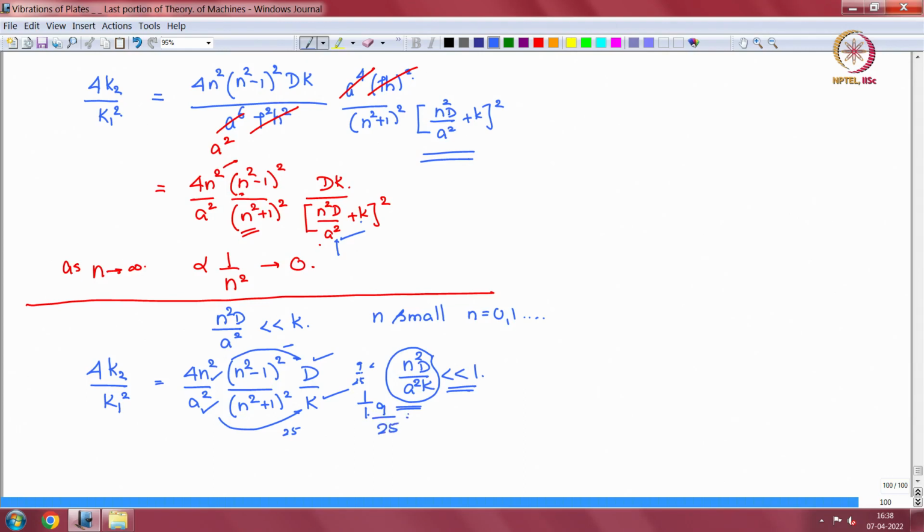So this value multiplied by a small value here is a further small value. So I can take this to be an epsilon quantity.